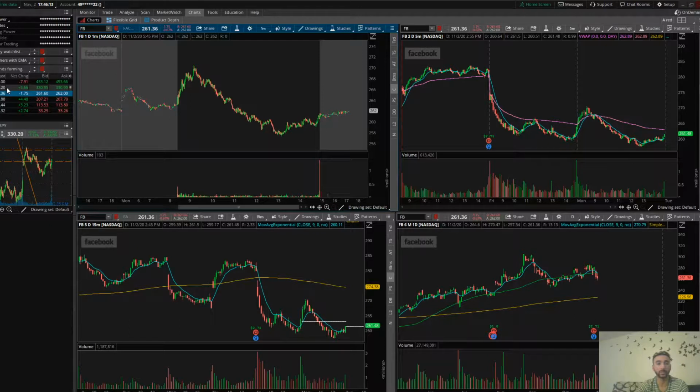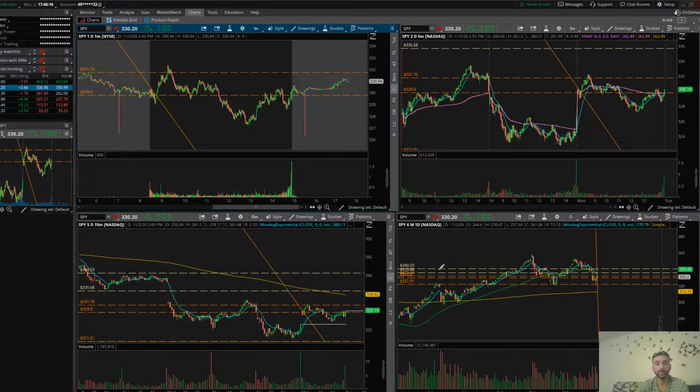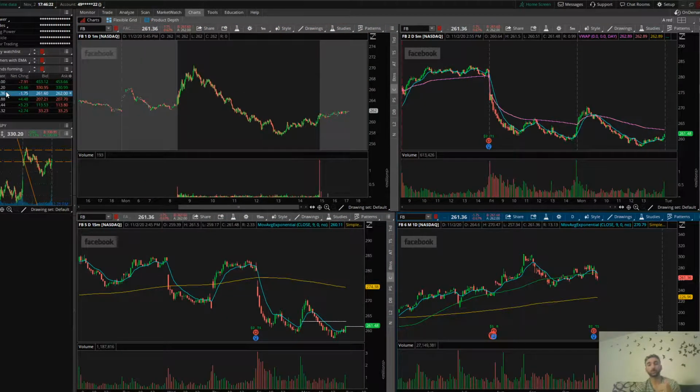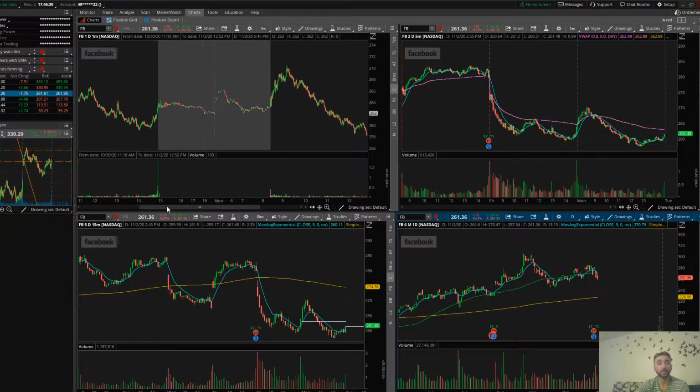Pretty much the market has just been going down lately, with huge red candles, right? Huge red candles. So what that means is that the market is on a downtrend, and you always want to stay with the trend. So going into the market, you already know that it's a bear market and you're looking for a short, and how to look for a short, and that's what I'm going to be talking about right now.